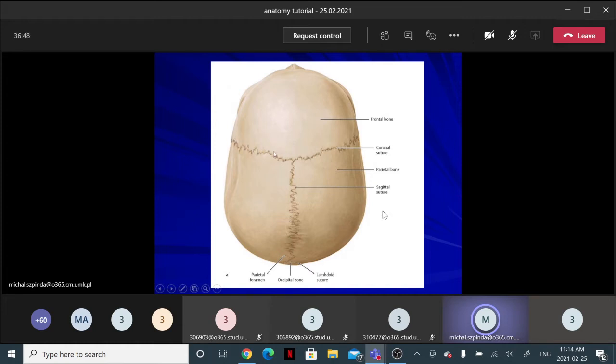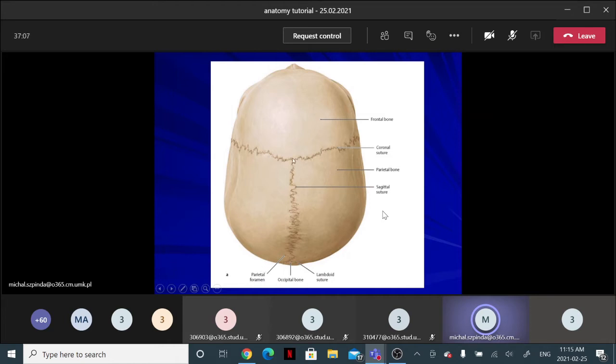So in front is visible the coronal suture. The coronal suture is between the frontal squama and 2 parietal bones.